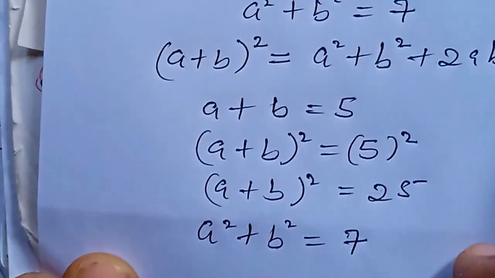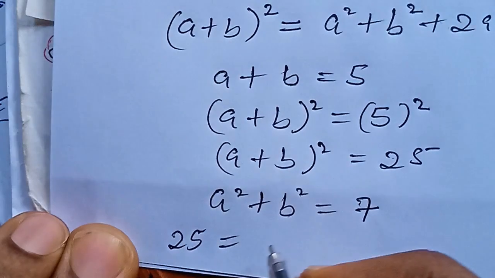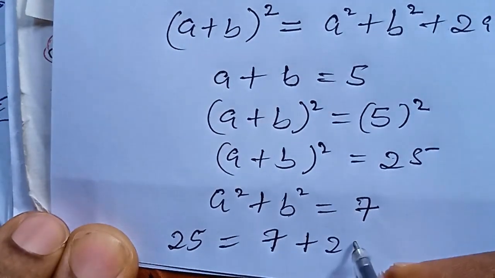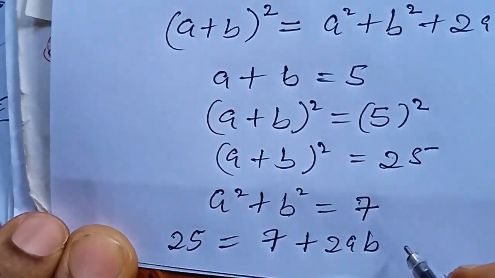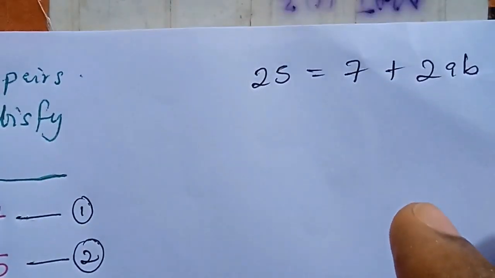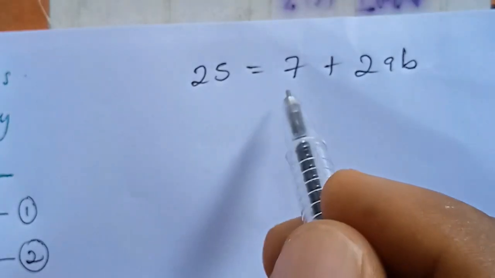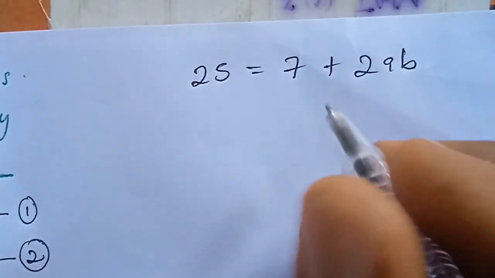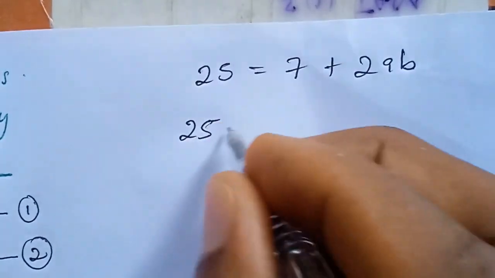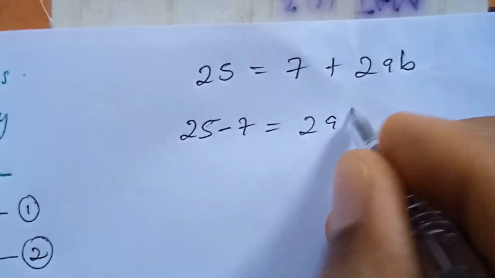Our next step becomes 25 equal to 7 plus 2ab. From this expression, we move the 7 to the left hand side. We have 25 minus 7 equal to 2ab.